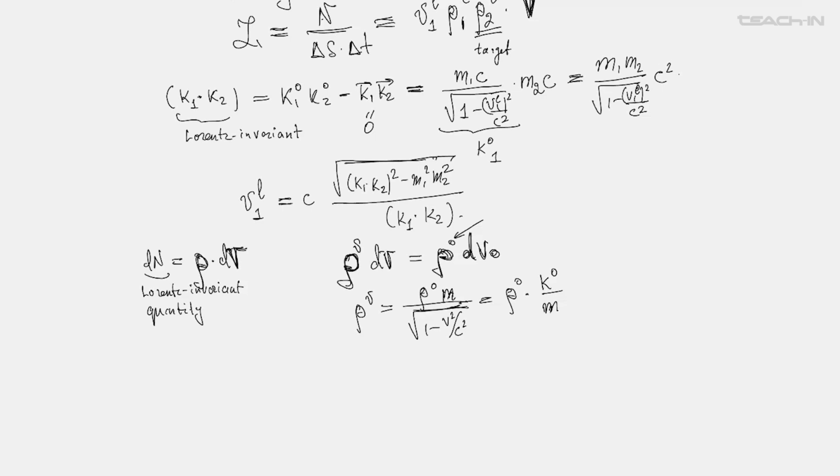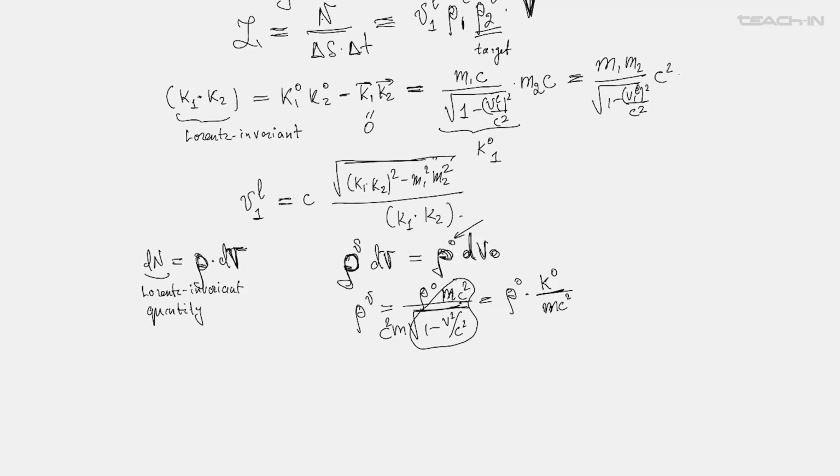Then this quantity, if I multiply by c squared, becomes just the energy K0, and then I divide it by mc squared, and this is the density of particles in the moving frame.